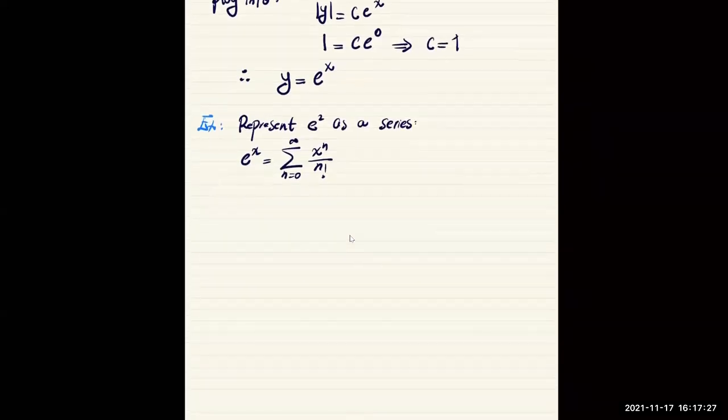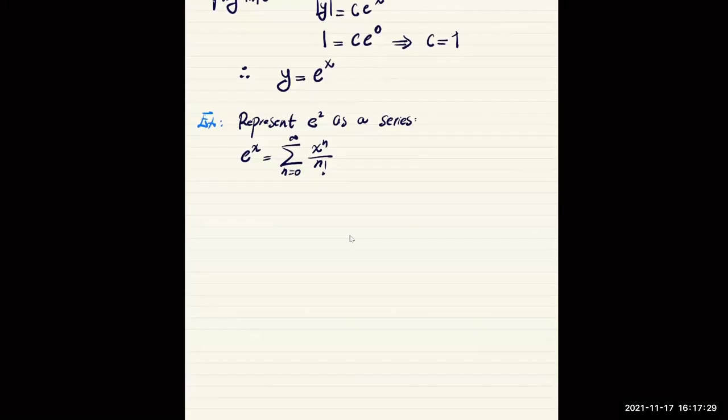Just square that. Well, you just have to replace x. This is e to the x, so e to the power of 2 is just replacing x in the series with 2. Two to the n over n factorial.